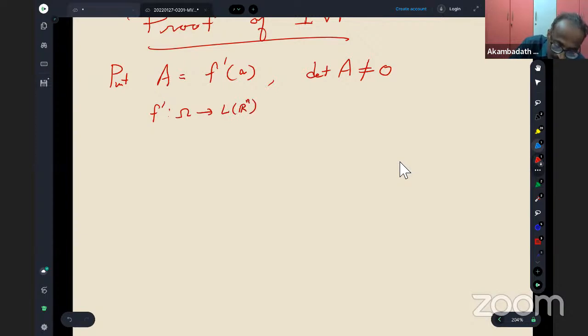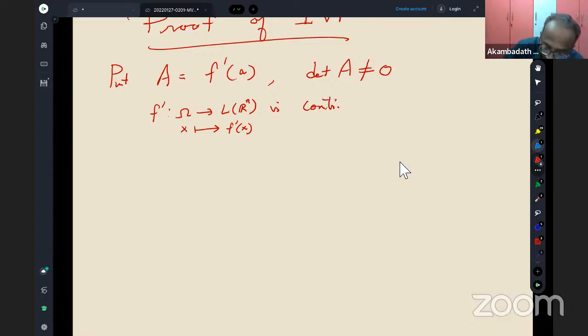So I'm using the same notation for F prime and F prime of X. This means that X going to F prime of X is continuous. Okay, so in particular, continuous at A.